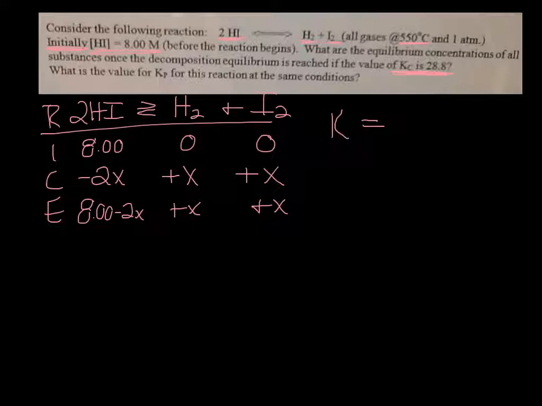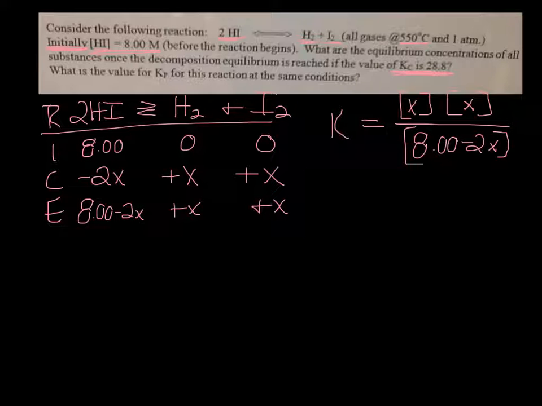In this case, I have x for the hydrogen and x for the iodine over my 8 minus 2x squared, because remember that I have a 2 exponent in front there.